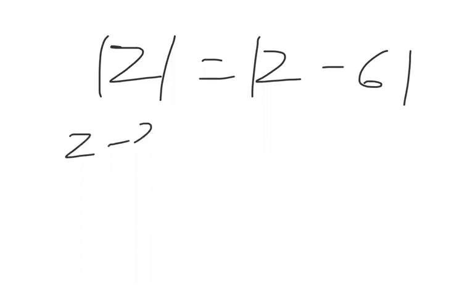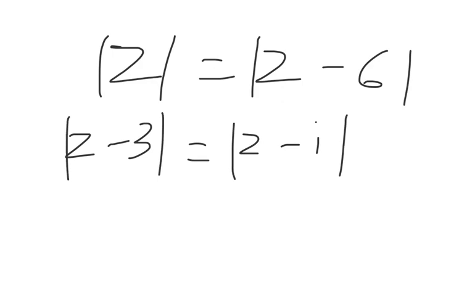Modulus z minus 3 equals modulus z minus i. Now you're wondering, oh, what do we do? I'm going to explain what we do. We draw the axes. y equals modulus z minus 3, so we know it goes through 3.